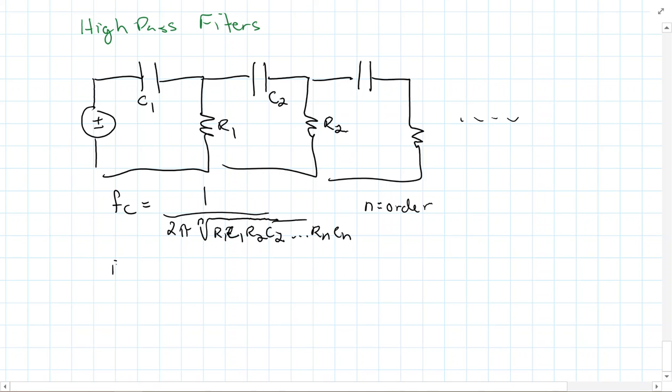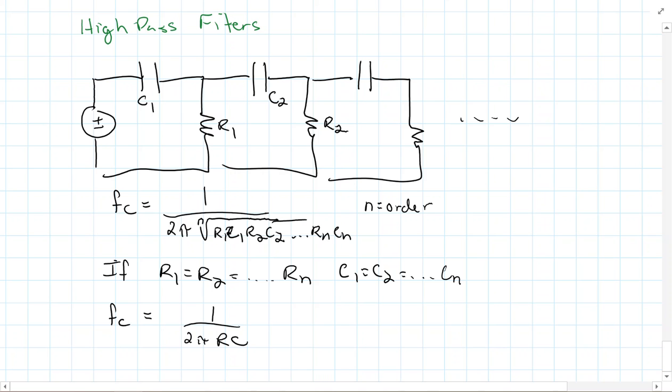Or if R1 equals R2 equals dot dot dot Rn, and C1 equals C2 equals dot dot dot Cn, then Fc would just be equal to 1 over 2 pi RC.